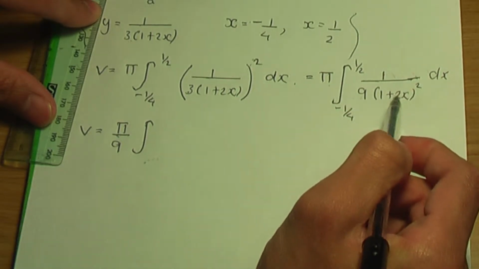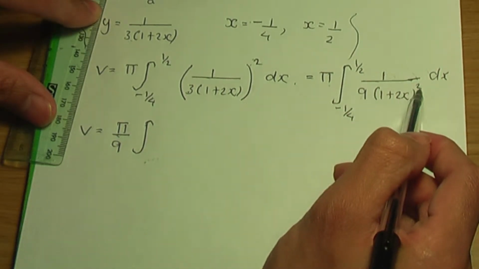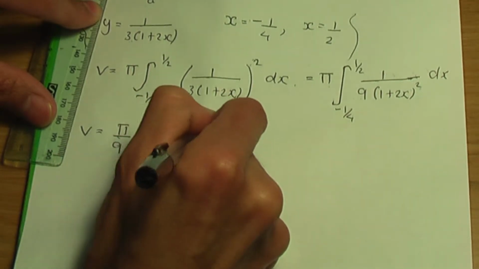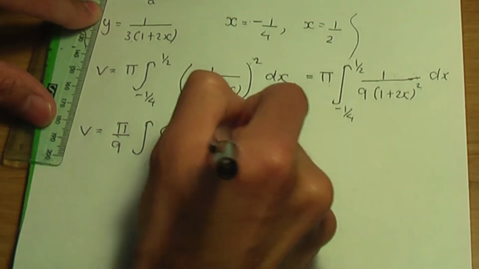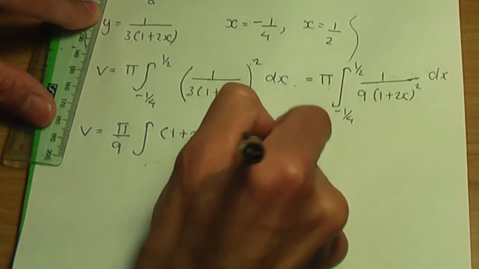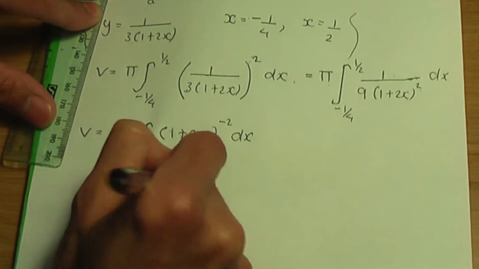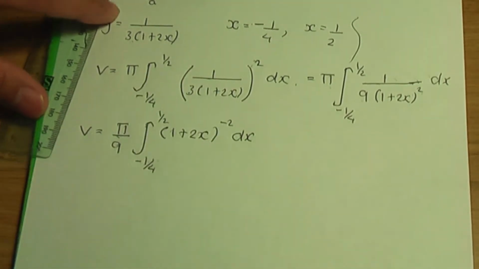And further to that, I'm going to bring the 1 plus 2x squared up. So if I bring that term up, I'll have 1 plus 2x to the power of minus 2 with respect to x, between the limits minus a quarter and a half.